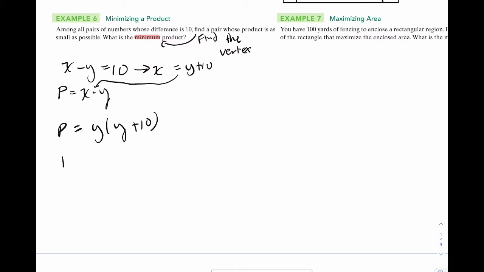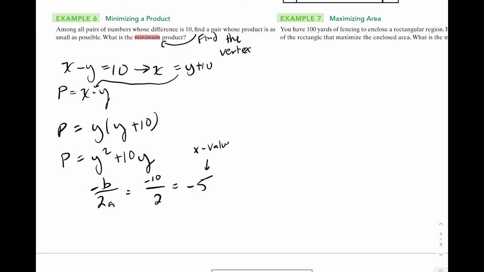I do that because now I have a quadratic. That's y squared plus 10y. And if I have a quadratic, I can find the vertex. Let's do negative b over 2a. So that's going to be negative 10 over 2, which is negative 5. Now it's important to understand that this number is the x value.